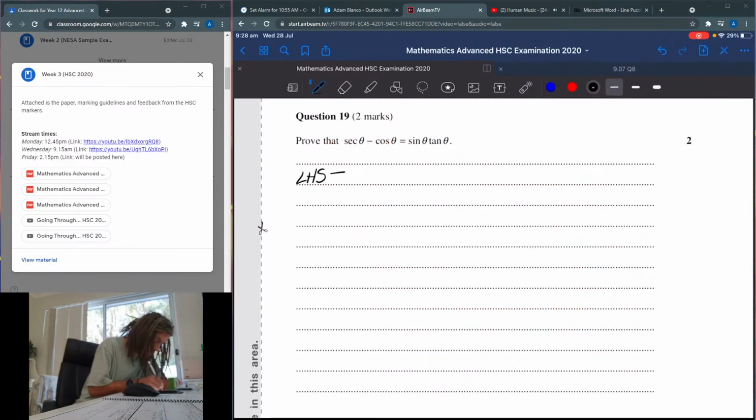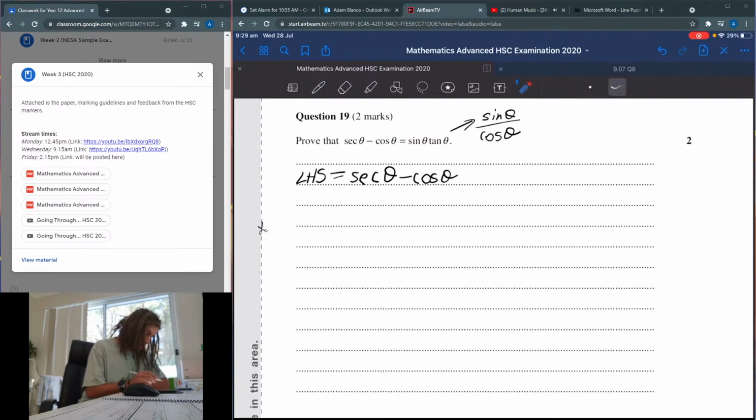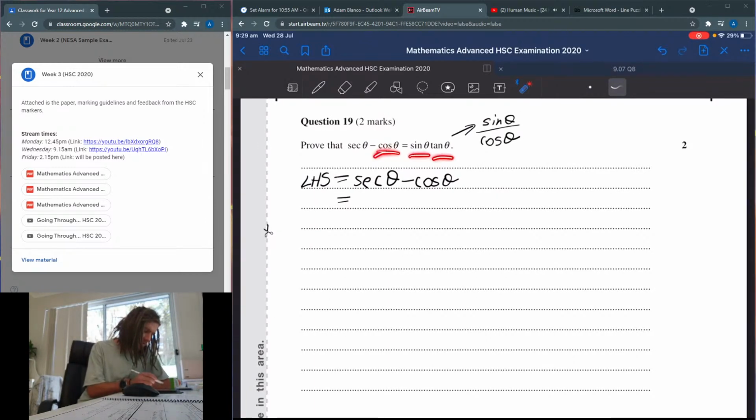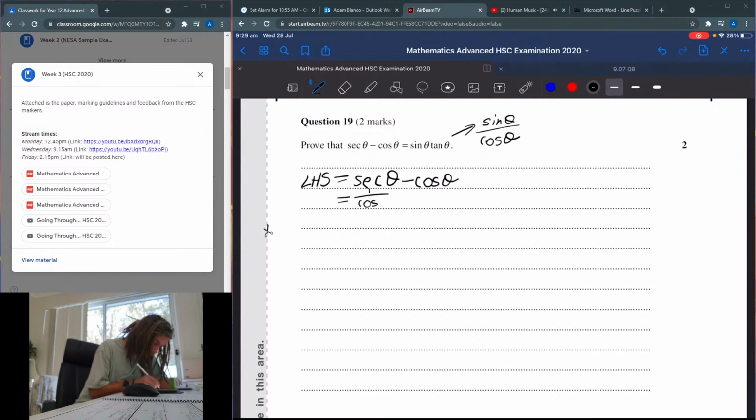So the left-hand side is sec theta minus cos theta. Whenever you see a tan, you're probably going to be looking for a sine on cos. The fact that I've got a secant here, let's transform it into something that I do know. Try and get rid of the secs and the cosecs and the cotangents and bring them into reality. So this is 1 on cos theta minus cos theta.